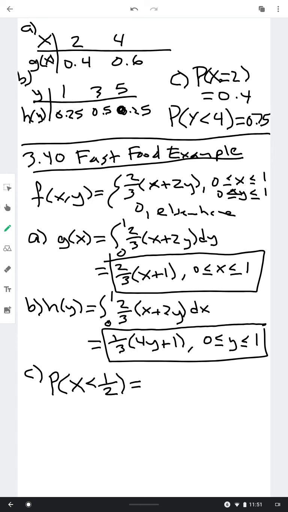I can use my marginal distribution here, so I can integrate from 0 to 1/2 of my marginal distribution for x, which is 2/3 (x plus 1) dx. And that gives me 5/12.